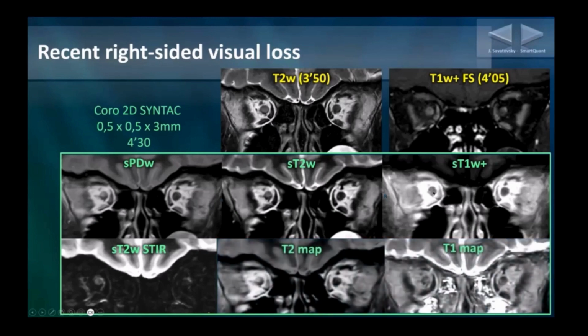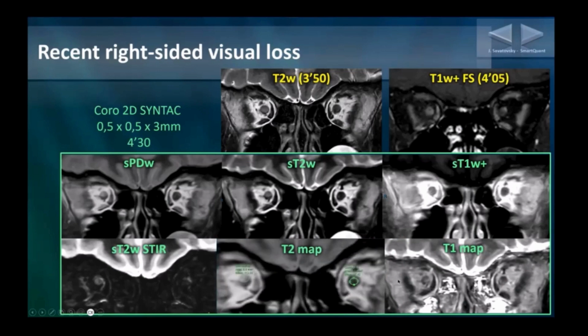And you can also see the contrast enhancement in the T1 post-gadolinium, but also in the T1 mapping that is quantitative. So you can also get the T2 mapping and then have a sense of quantitative value that may have a prognostic value in those optic neuritis.